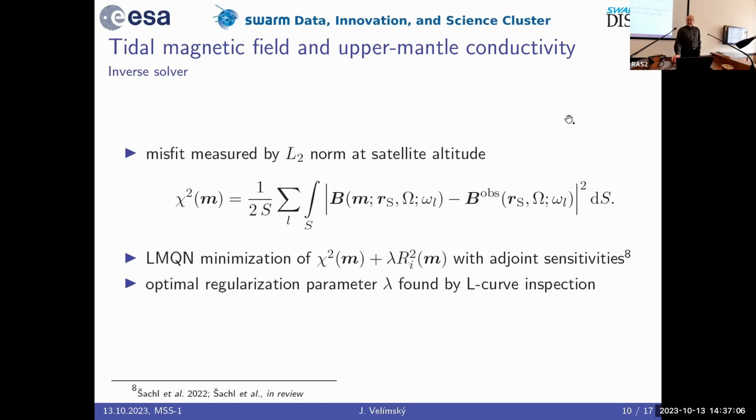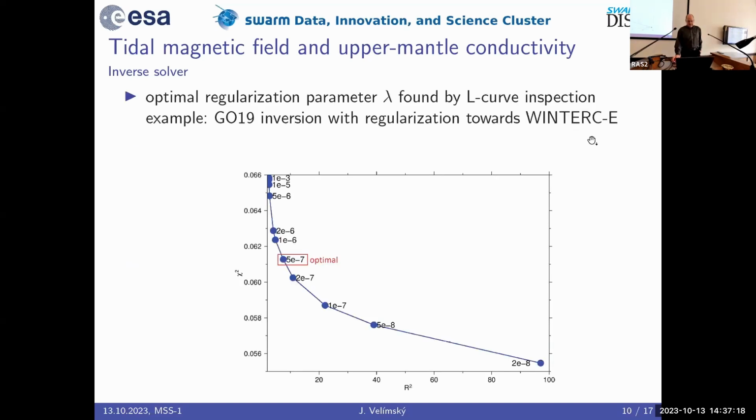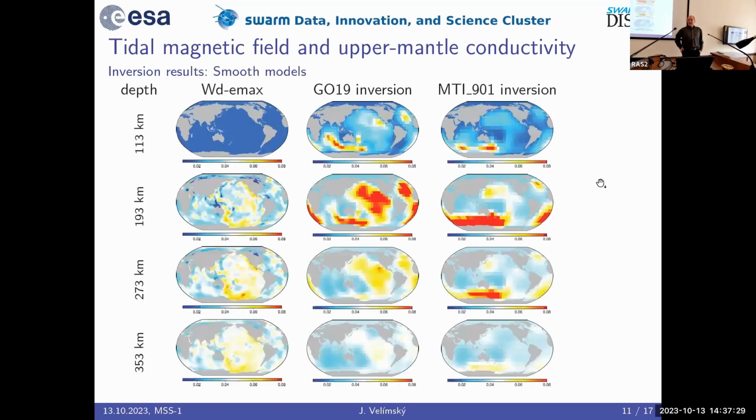Then we try to minimize the misfit in terms of magnetic field, between the observed field from the analysis of Swarm data and the one predicted by the forward modeling. And we choose the optimal regularization by just looking at the L-curve and trying to find some optimal trade-off between data fit and regularization. So here are some results.